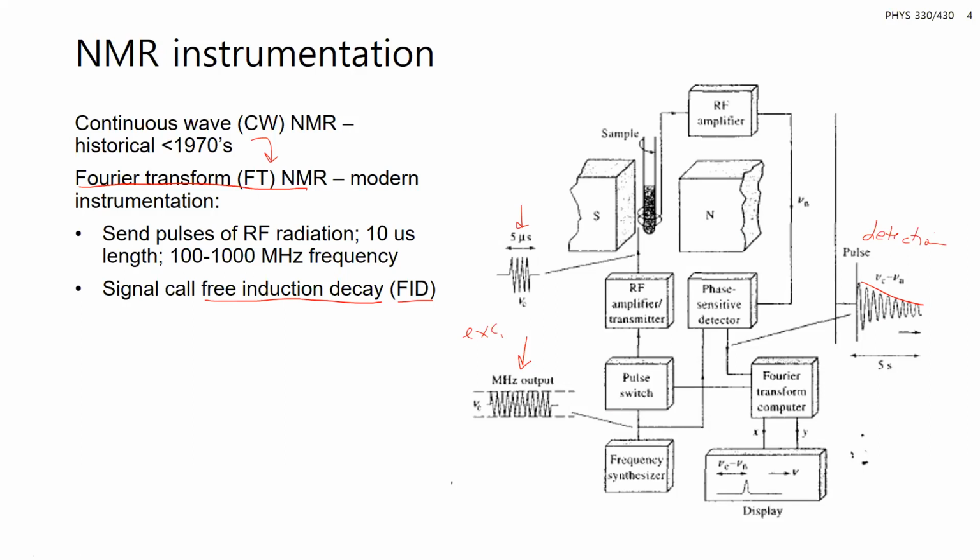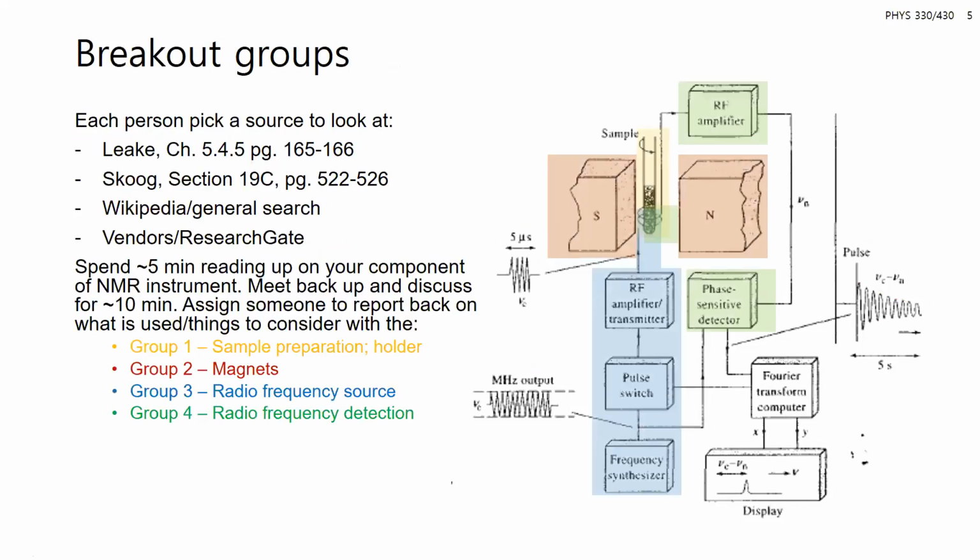But today for the breakout groups, I mentioned it's going to be at the start. Instead of explaining all the components of the NMR, I'd like you guys to look into a little bit of detail and discuss these components. So within each breakout group, I'd like you to decide, okay, with a different source.